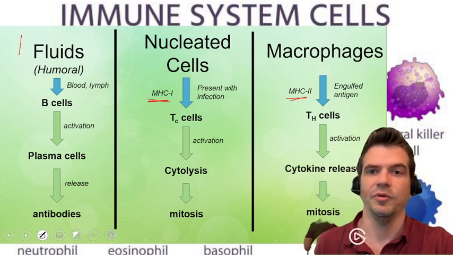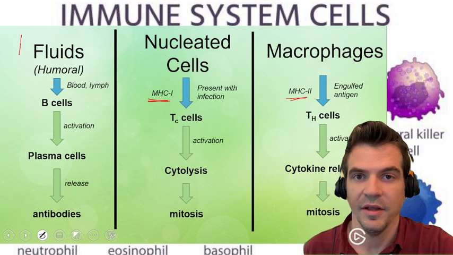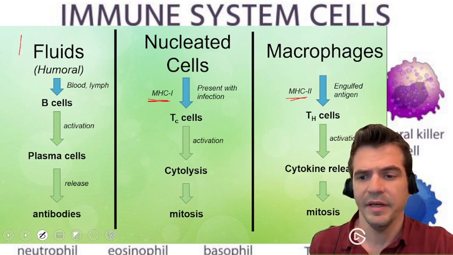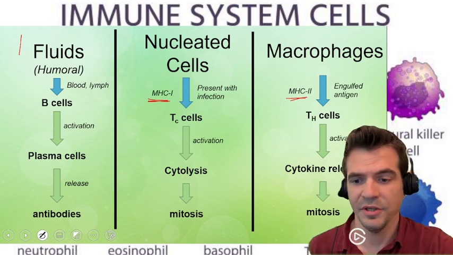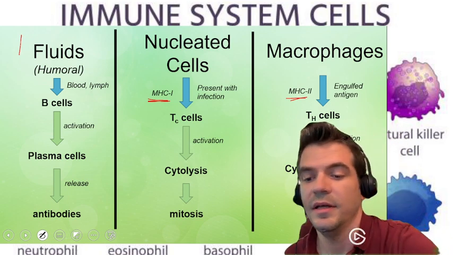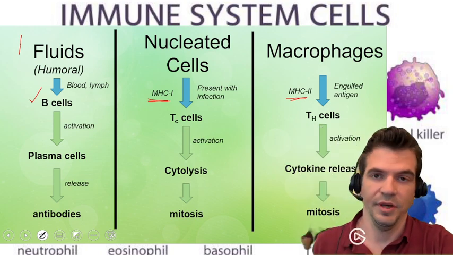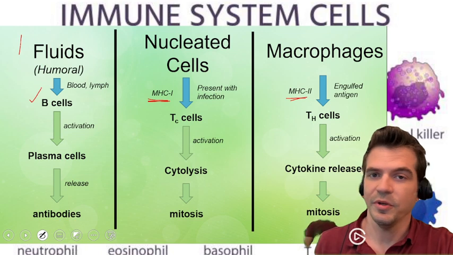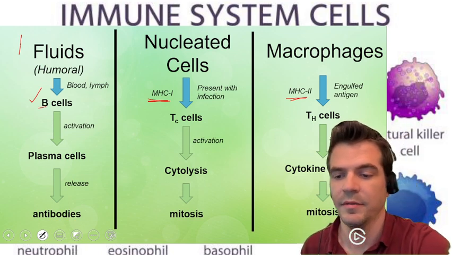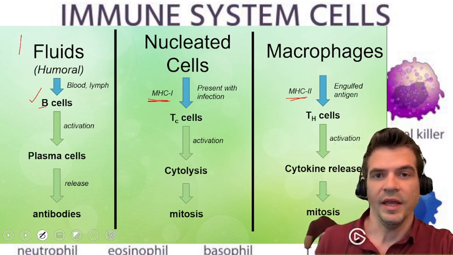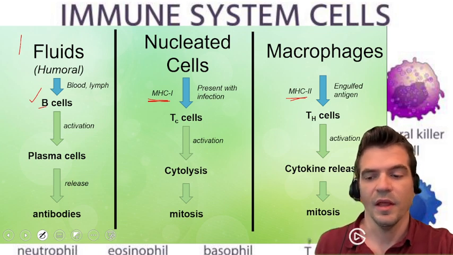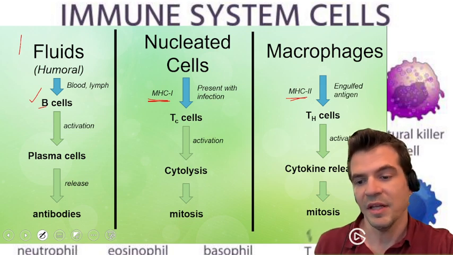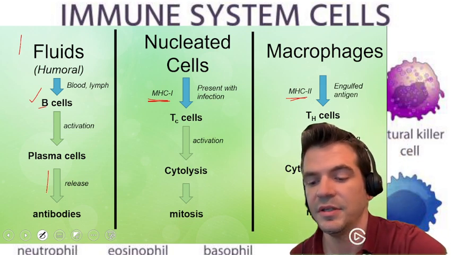So how do your fluids regulate pathogens? Your blood, your lymph, your CSF, every kind of thing. If there is a pathogen encountered, it's going to be a B cell. These B cells are matured in the bone marrow, hence the B. When they encounter a pathogen, they activate and become a plasma cell, and then they release antibodies.